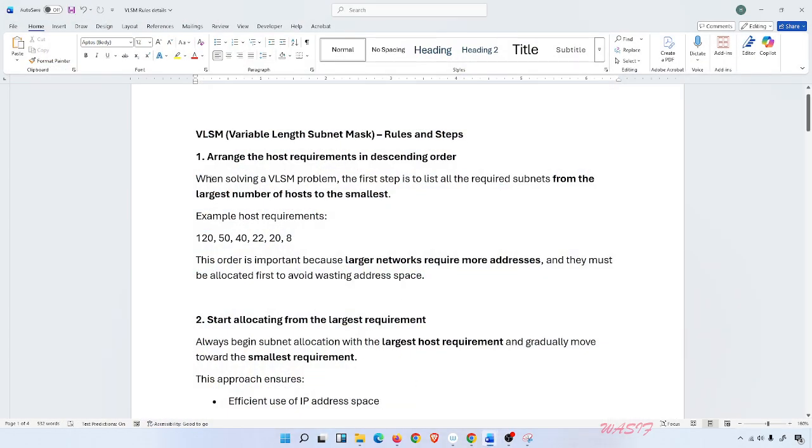The first thing when solving a VLSM problem is to list all the required subnets from the largest number of hosts to the smallest. So you take the requirements and arrange them from the largest to the smallest. This order is important because larger networks require more addresses and they must be allocated first to avoid wasting addresses.